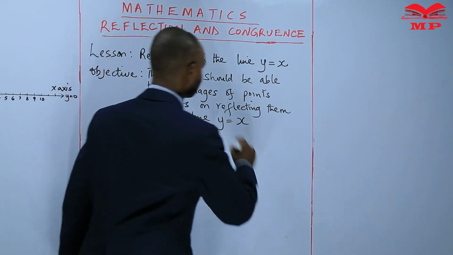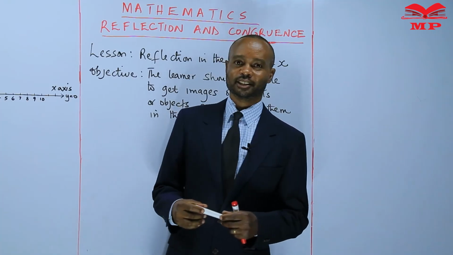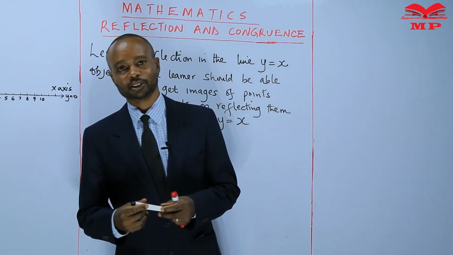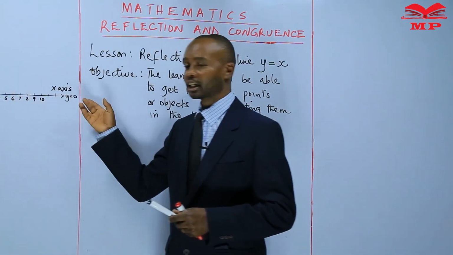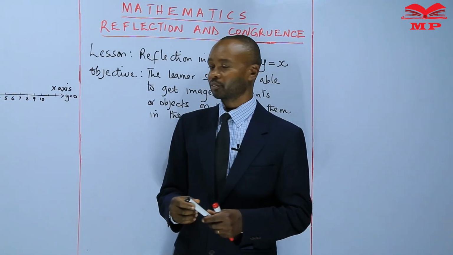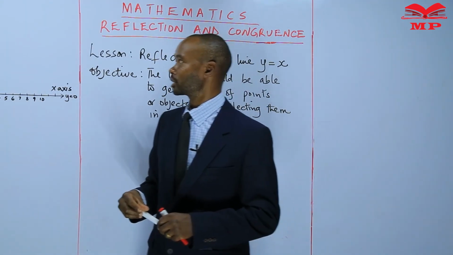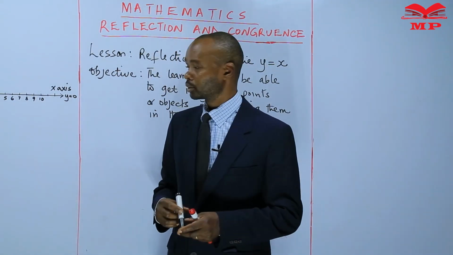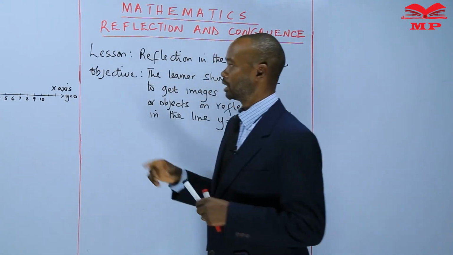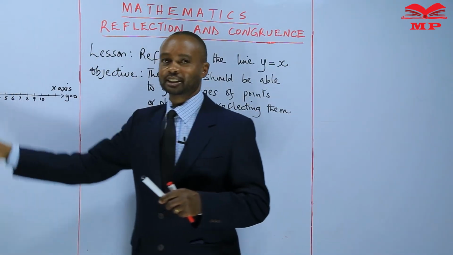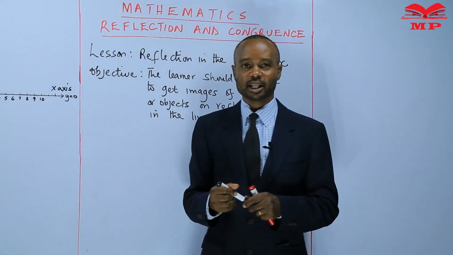So someone may be asking, where is that line y is equal to x? In the Cartesian plane, we have the x-axis, which is y is 0. We have the vertical axis, which is the y-axis, x is equal to 0. The line y is equal to x is a line on the Cartesian plane where the x-coordinate will always be equal to the y-coordinate.